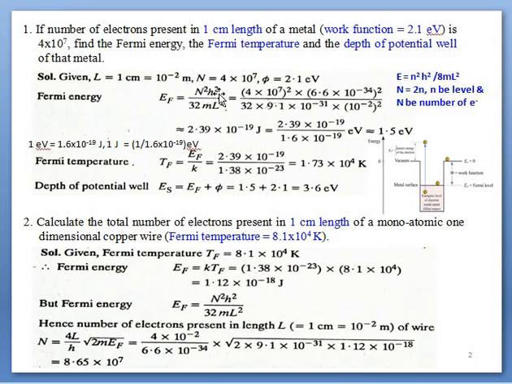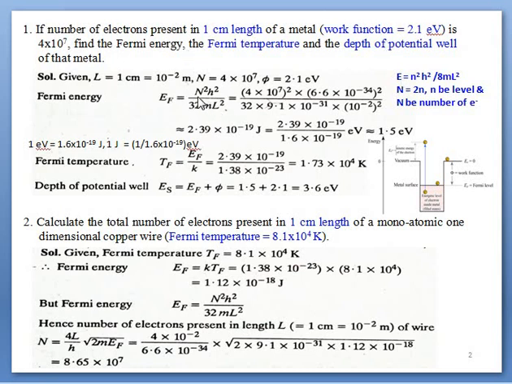So capital N square h square upon 32 m L square. When capital N represents the total number of electrons in a metal, then this capital E will be replaced by EF. Since we have seen in previous lectures also, the maximum occupied energy level is called the Fermi level, and the energy is represented by EF.